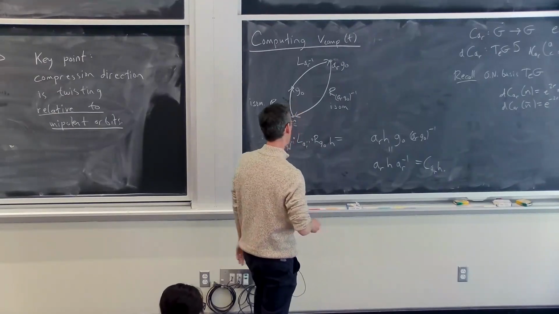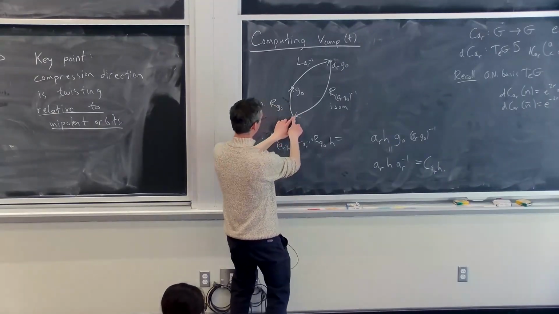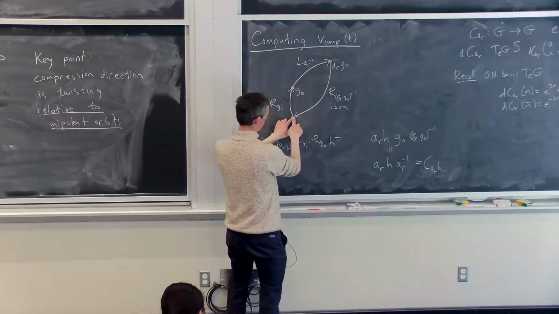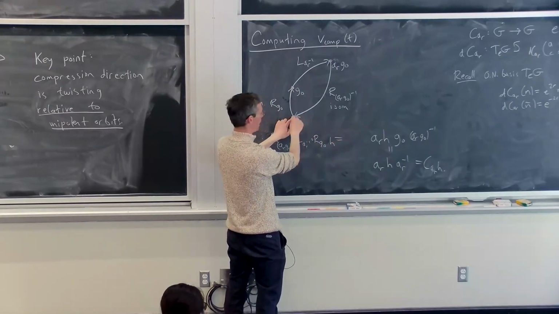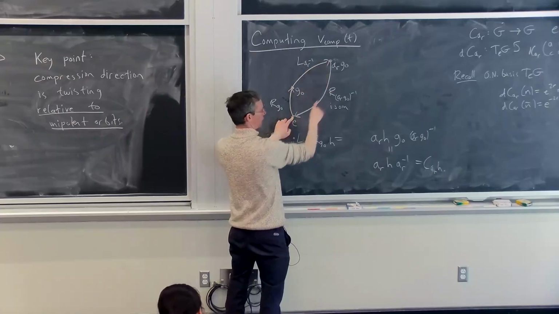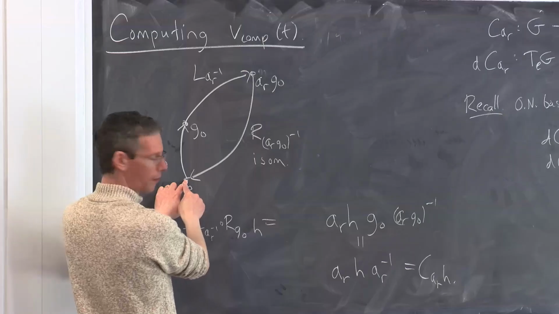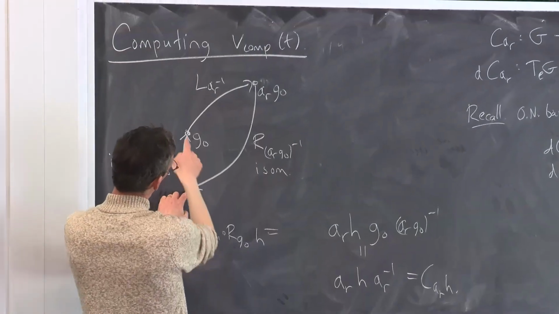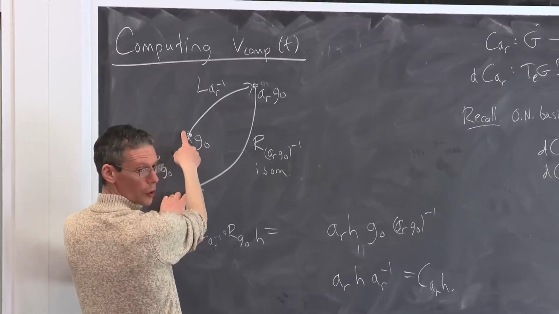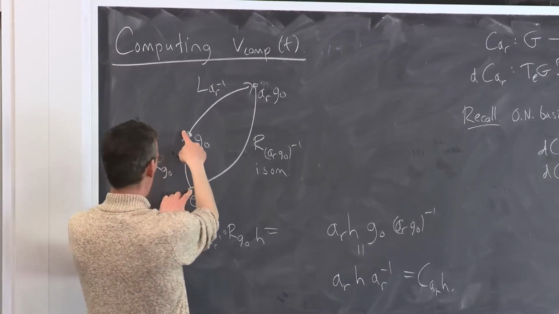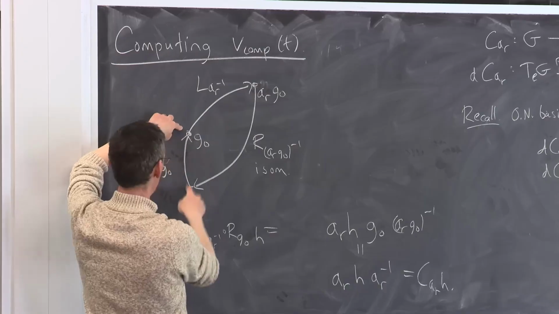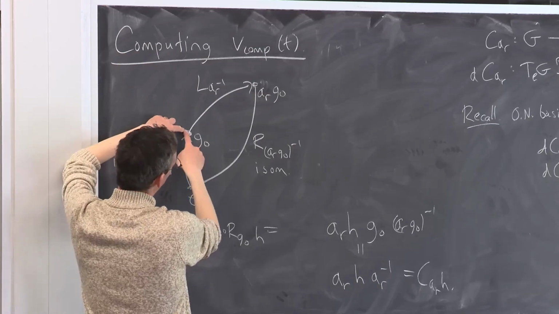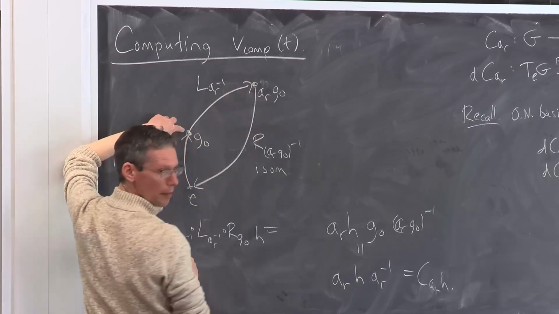So if I start at the identity and I go all the way around, I'm doing this conjugation, and ñ is the vector that's going to get compressed. But if I want to know what vector over here is going to get compressed, I start with ñ and map it over here. It hasn't gotten any shorter yet because this is an isometry. That's the vector that's going to be compressed in this step.